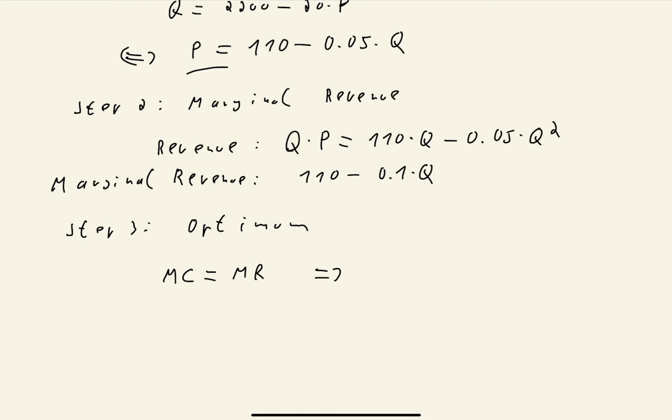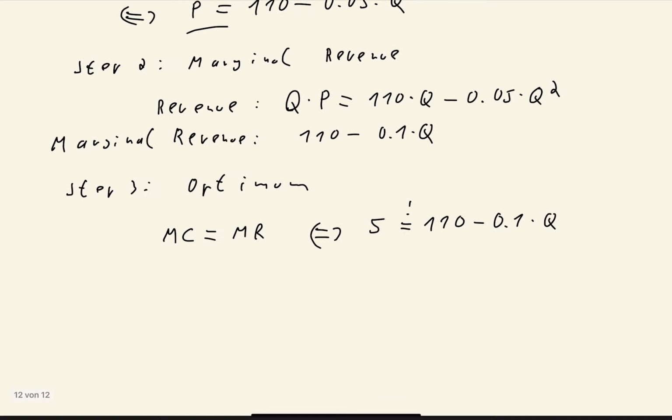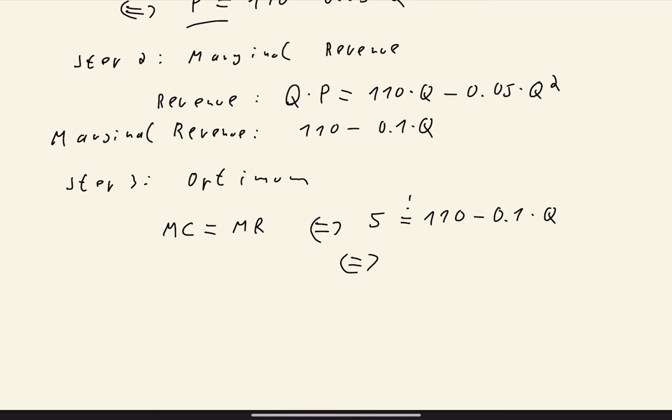The marginal costs were given to us in the exercise description. So it was $5, so 5 is supposed to be equal to 110 minus 0.1 times Q. And if you solve this equality for Q, what you get is Q star is equal to 1050. So 1050 units will be produced.